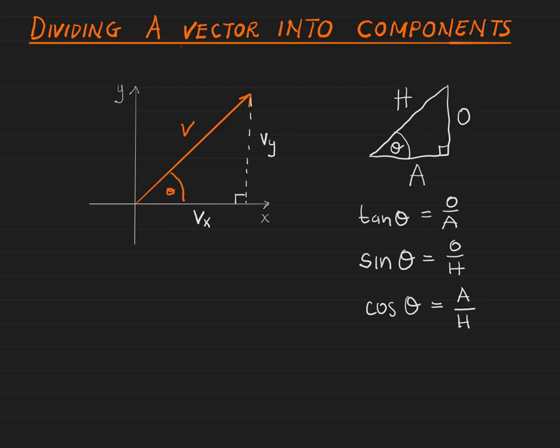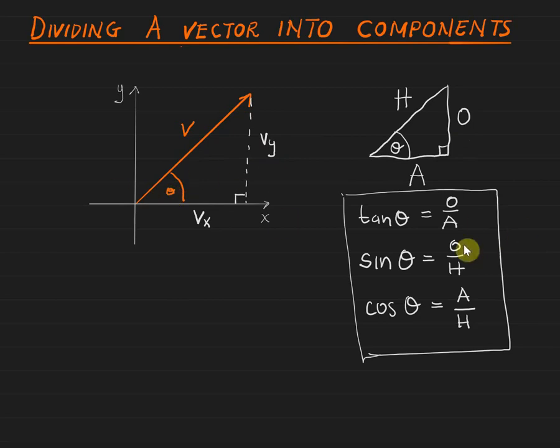Alright, so coming back to this diagram over here where we have a vector and we're trying to divide it into two components, what we can then do is use our trig ratios to find both components. So I'll start with Vy. Essentially, Vy is the opposite side of the angle theta here.